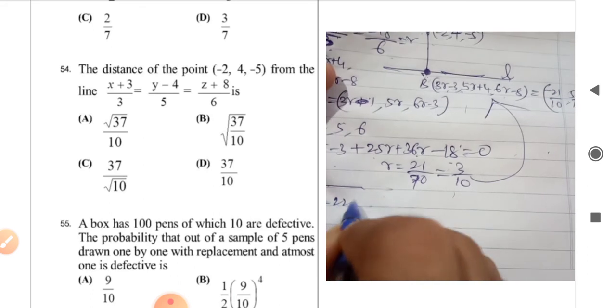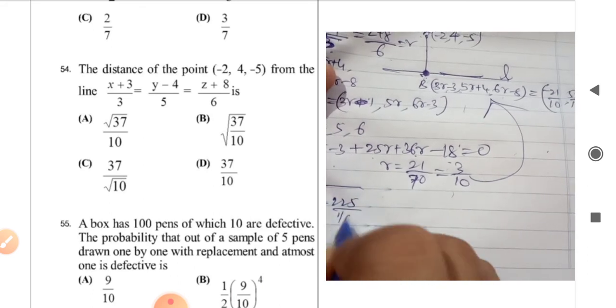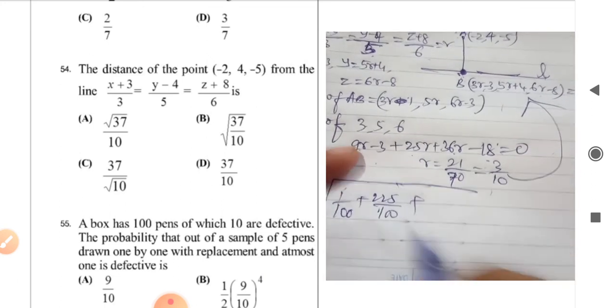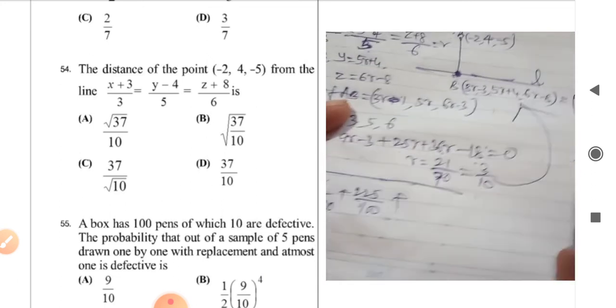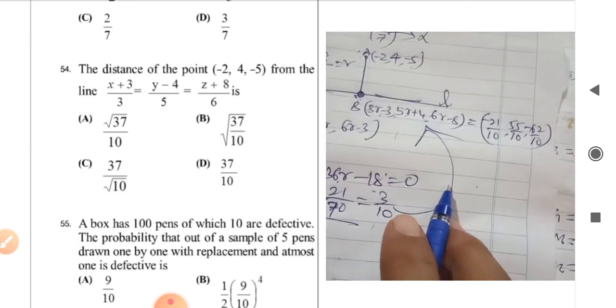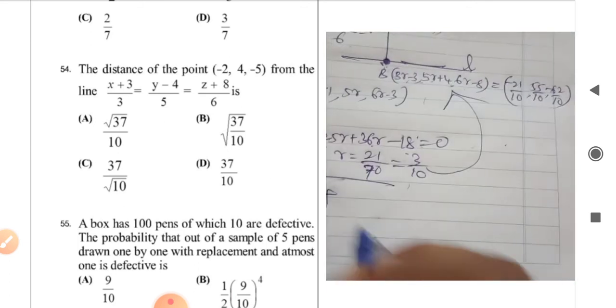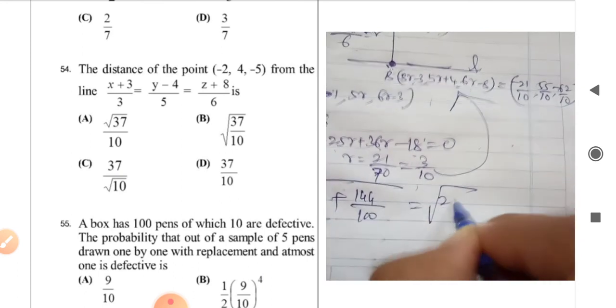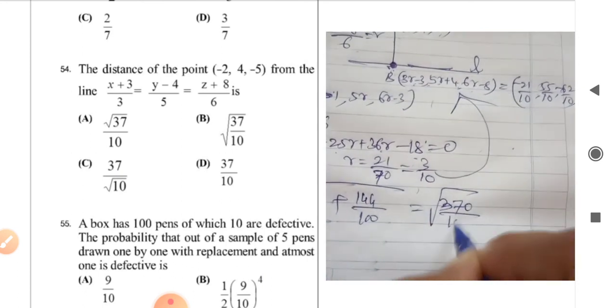So you get 225 divided by 100. Then plus, simply this minus this. Minus 5, 60, that is 12, means 144 divided by 100. So finally it is 370 divided by 100.